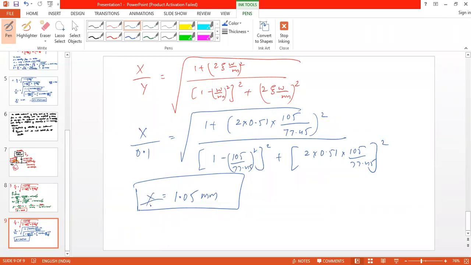Okay, x by 0.1 is 1.05, so x is 0.105. This is the value of x.